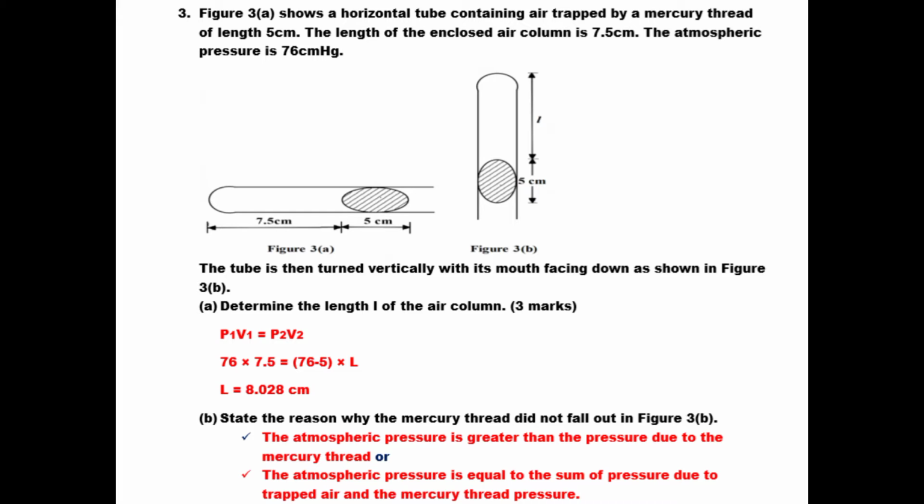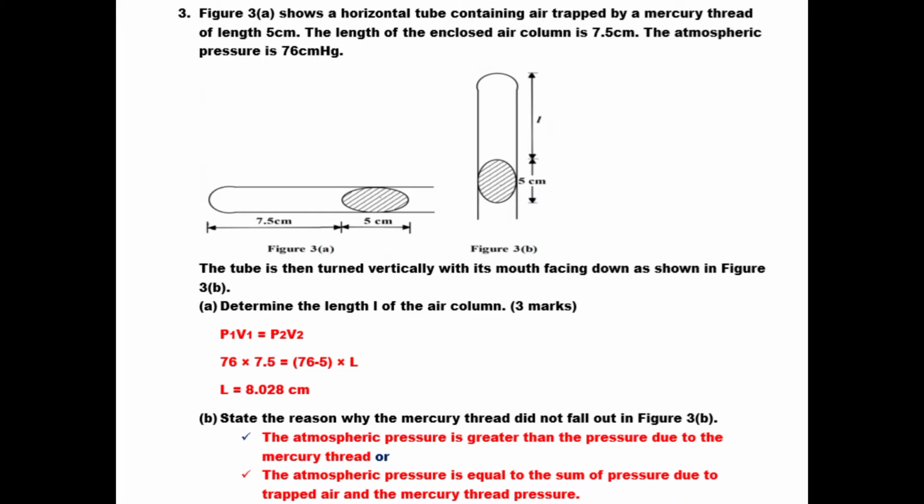So you can see the two tubes with a mercury thread. There is a trapped air. The tube is then turned vertically with its mouth facing downwards as shown in figure 3B. Question A, determine the length of the air column, that is length L.